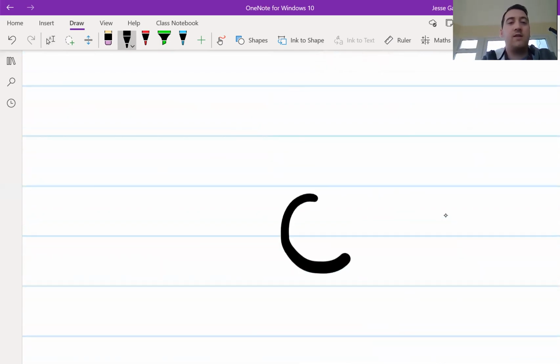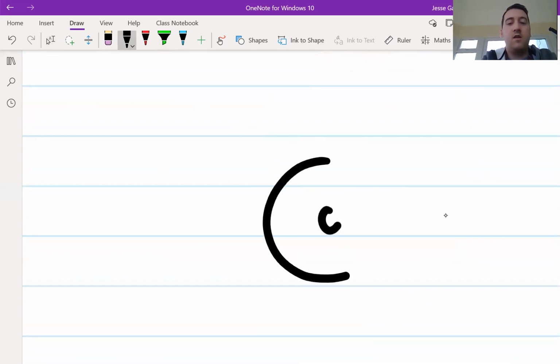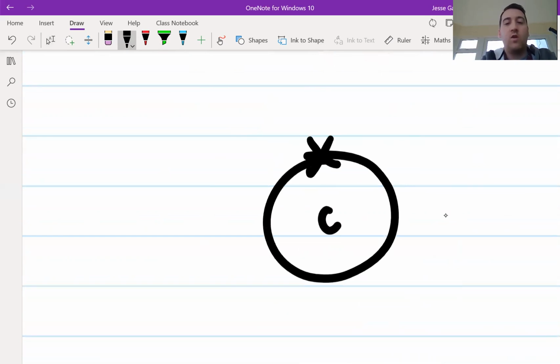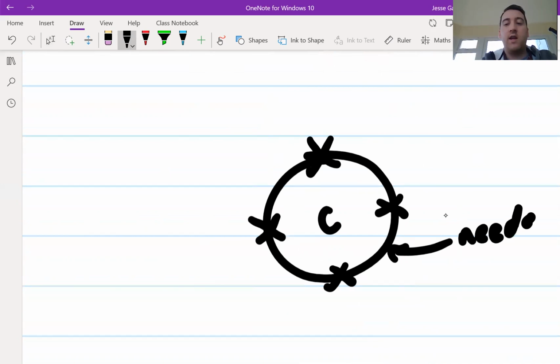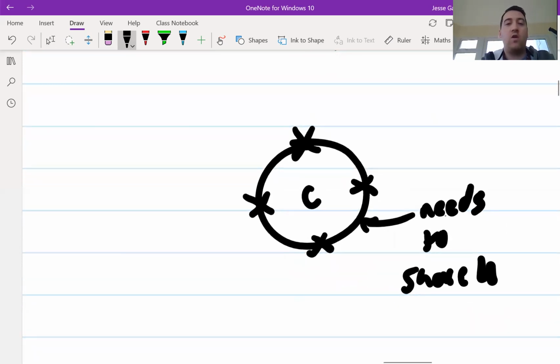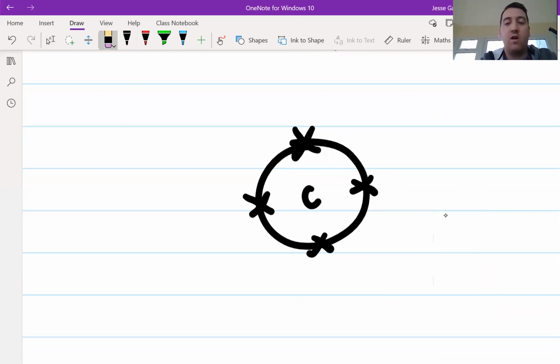If we look at carbon, when we draw carbon, we'll see it's got 1, 2, 3, 4 electrons. If it's got 4 electrons, then it needs to share 4. It needs to get 4 more, so it needs to share 4. So that means all of its electrons have to go into bonds, because if it needs 4, then it needs to share its 4.